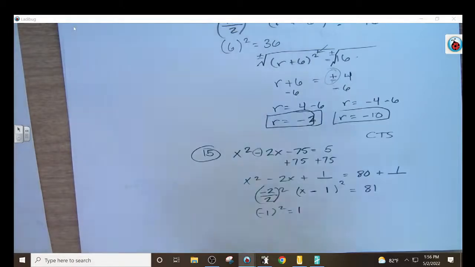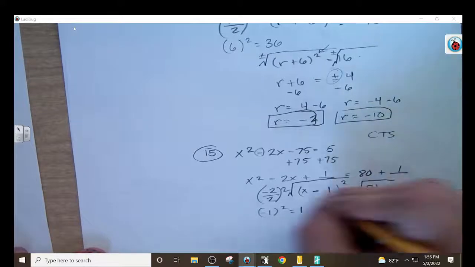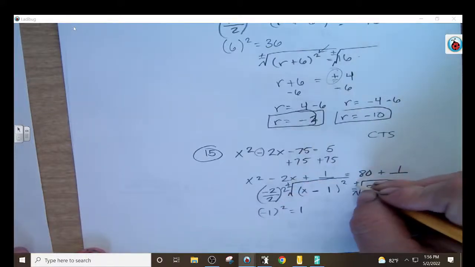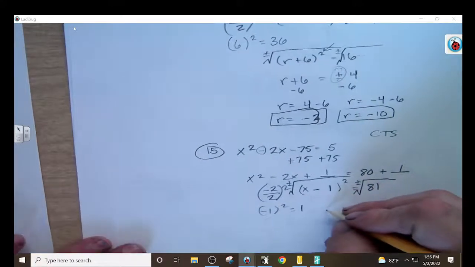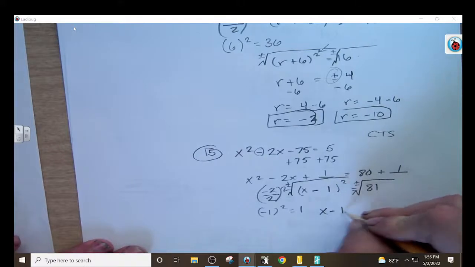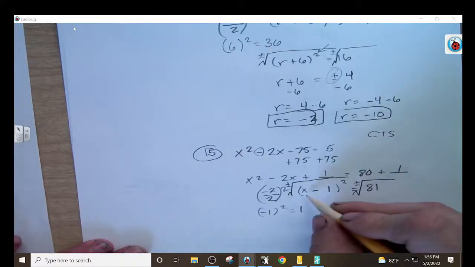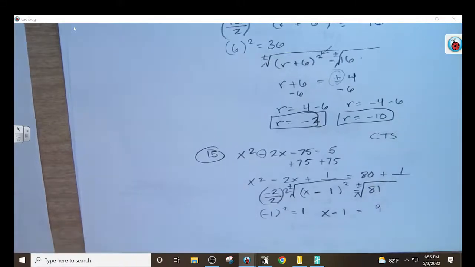Now, the next step is square root it, plus or minus. All right. Now, that's going to drop your parentheses and get rid of the square root and square on the left side. It pretty much takes everything away on the left except the inside expression. Now, this is 9. Square root of 81 is 9.